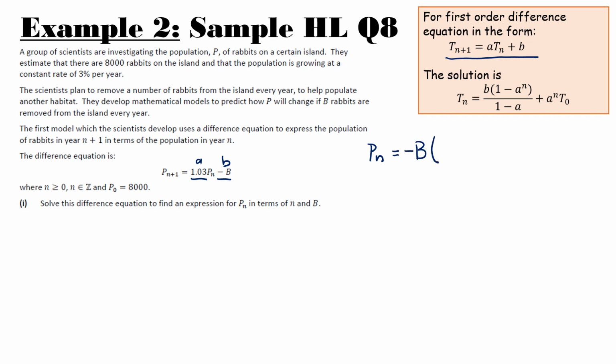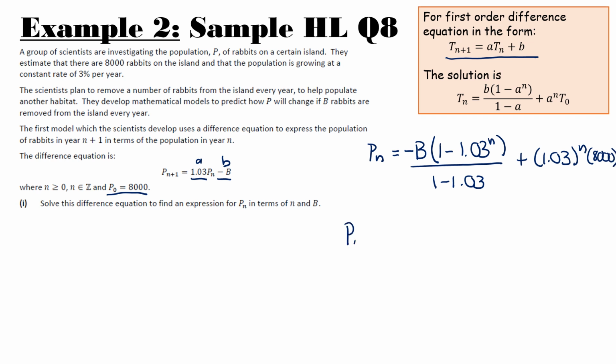Watch your sign with that. 1 minus A, which is 1.03 to the power of n, all over 1 minus 1.03, plus 1.03 to the power of n times T0, which in this case is our P0, which is 8,000. Now we want to do a little bit of cleanup with this.